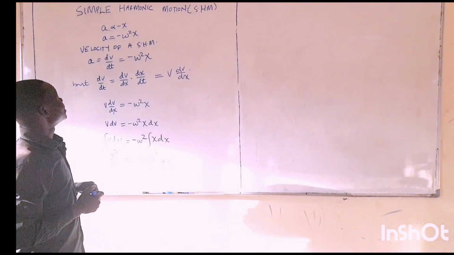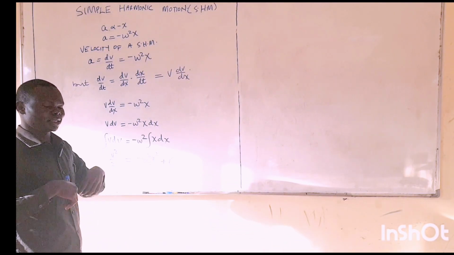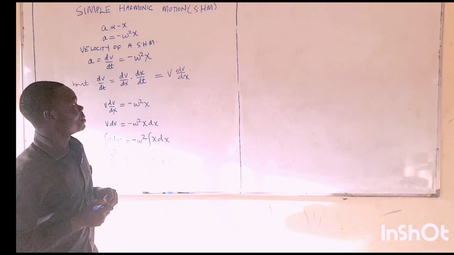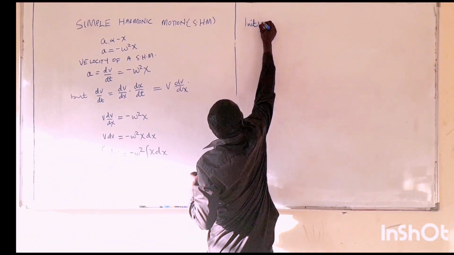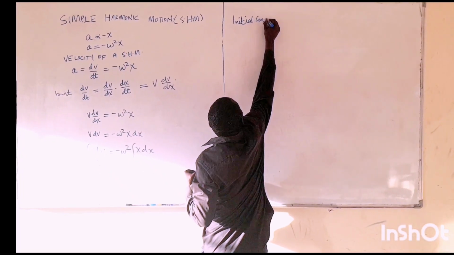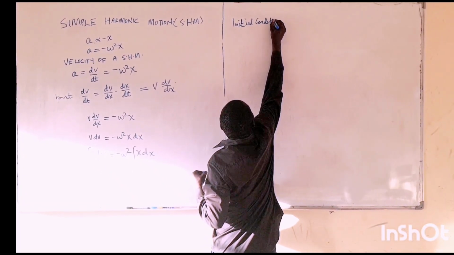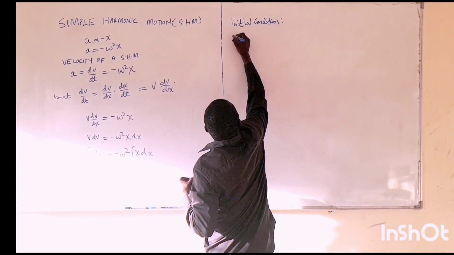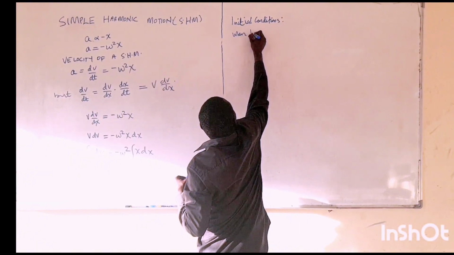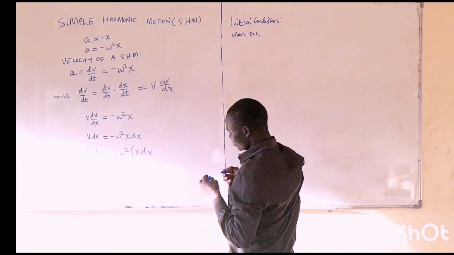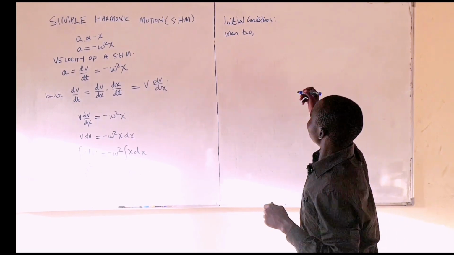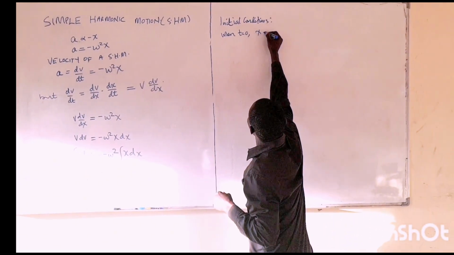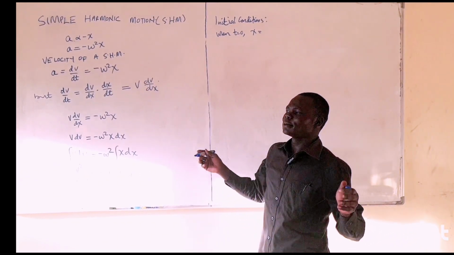We know that when the simple harmonic motion is just starting, initial conditions, when t is equal to 0, at the start, x is going to be the maximum displacement.